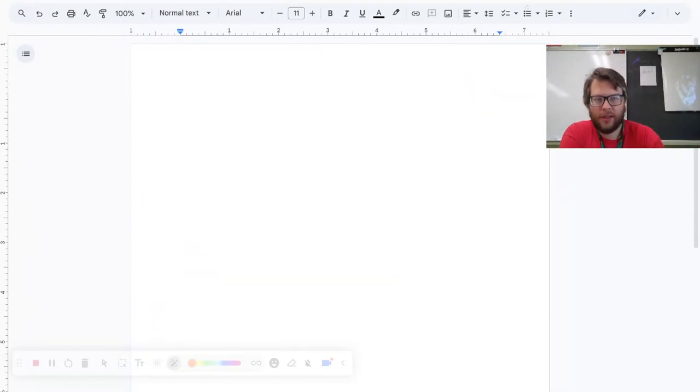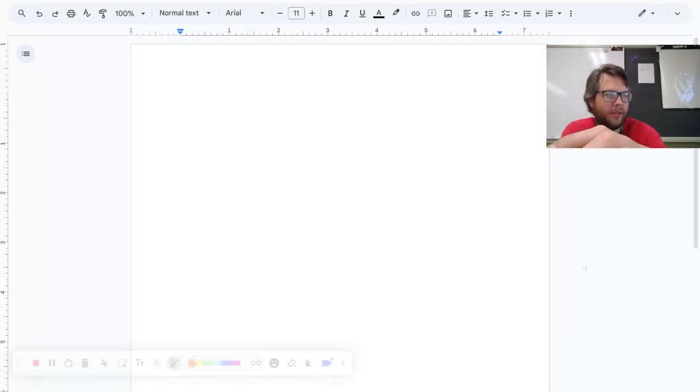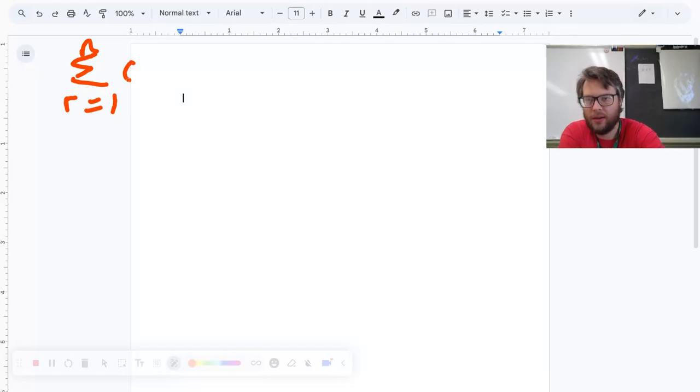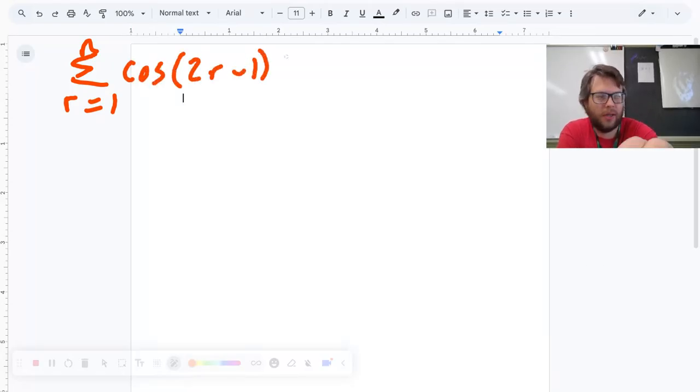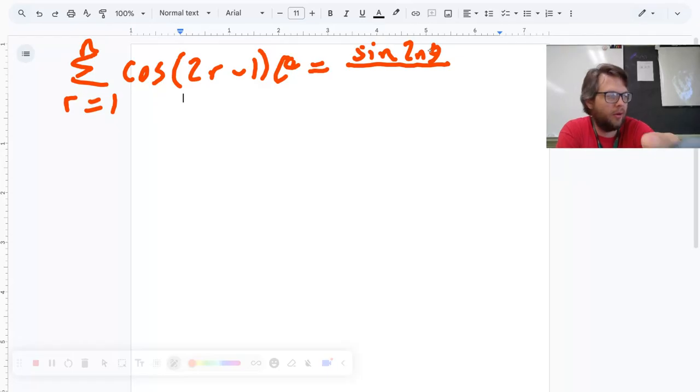So we've got another example of an induction proof with a sum. We are going to prove that the sum from r equals 1 to n of cosine (2r minus 1) theta equals sine of 2n theta over 2 sine theta.